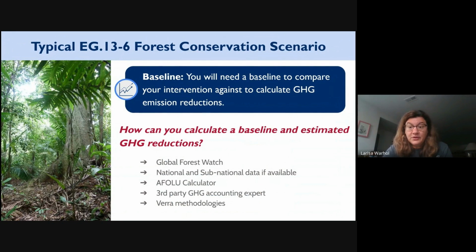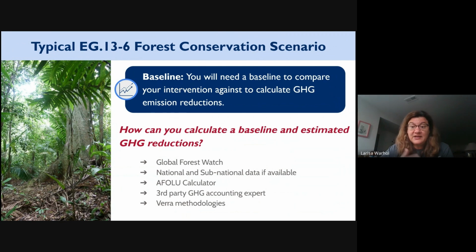So I'm just going to walk you through a couple of scenarios to see what we've seen in reporting and where there are some pitfalls, and for you all to be thinking about as well if you're engaged in certain activities that this might apply to. As Patrick said, a lot of our programming does forest conservation, and one of the biggest things we want to emphasize here is that you really need to have a baseline when you're trying to assess the impact of your forest conservation activity.